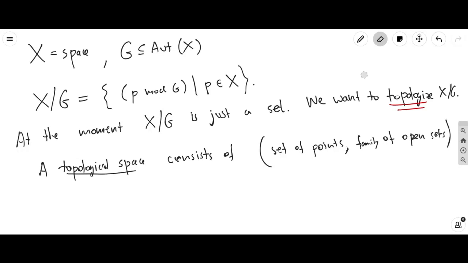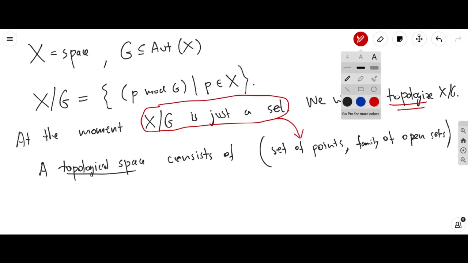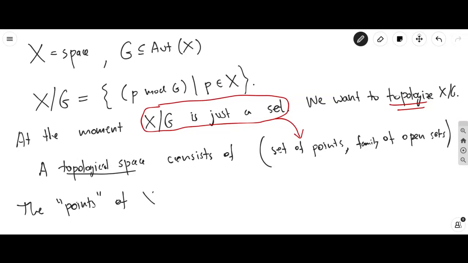So at the moment, we have this. It's just a set. So we have described what the points are. So the points of X mod G are, you can say, classes mod G. So they're quite complicated. It's not like a single point. It's really a set of points all taken together.